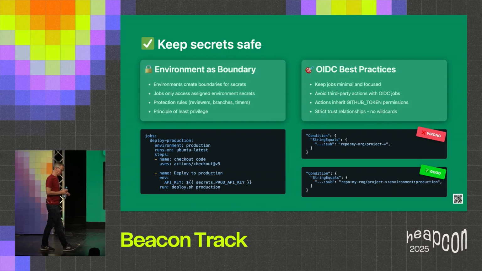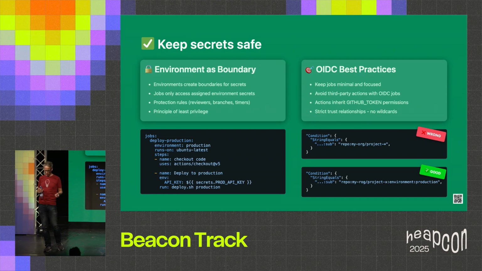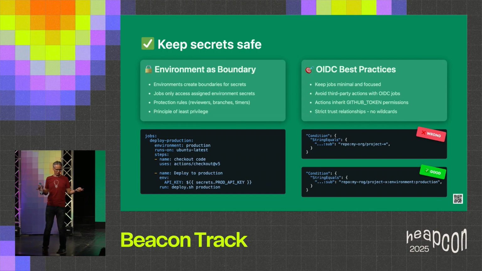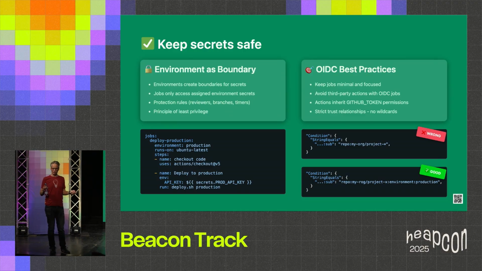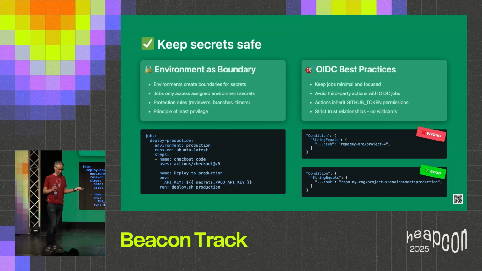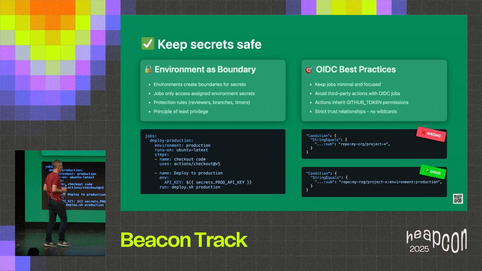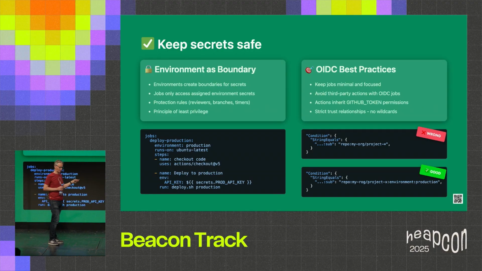And then you can set constraints to the environment that the environment can only execute on protected branches or after some explicit approval. And that safeguards you that on any branch where development is happening, someone can't also access the secret. And when it comes to OIDC, the trust relation is very important.